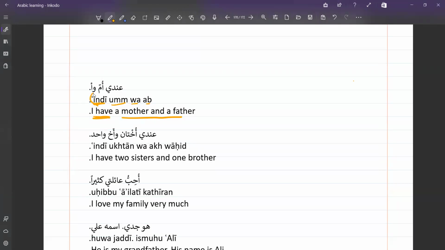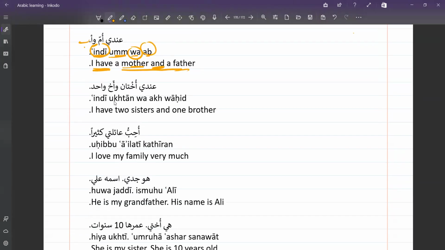Indi means I have, ummi means a mother, wa is used to say and, and ab means a father. So indi ummi wa ab means I have a mother and a father.